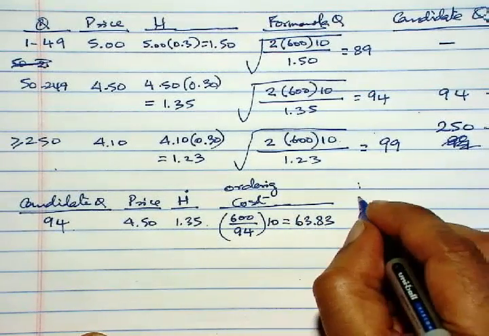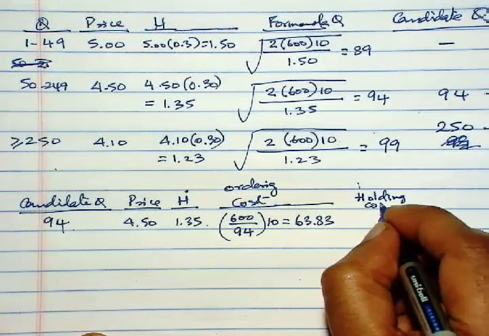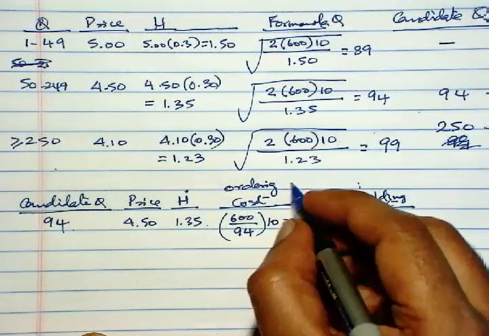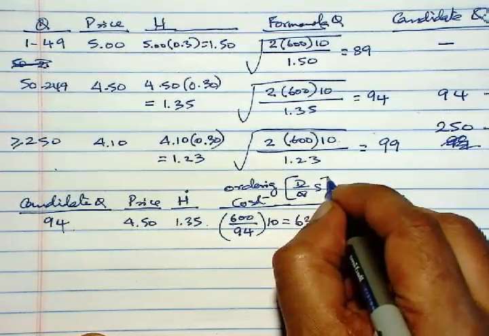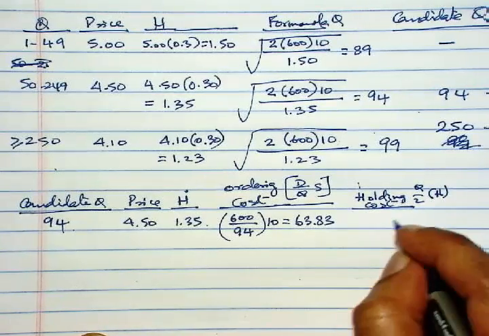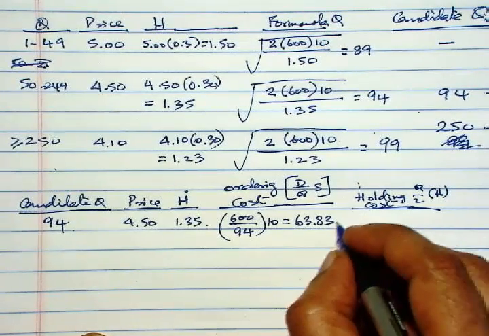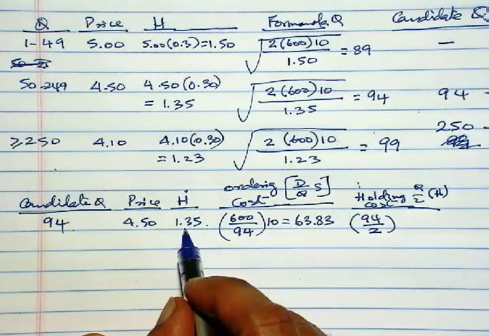Okay. Now holding cost is Q over 2 times H. So that will be 94 divided by 2 times H, which is $1.35.